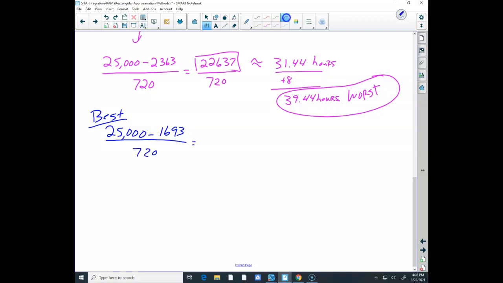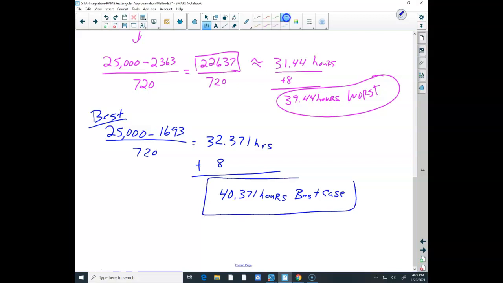I didn't write it all down, but if I type it into my calculator, that's going to be 32.371 hours plus the original 8 hours. The tanker is going to take 40.371 hours. Best case, because it's taking longer for all that oil to get in the ocean.